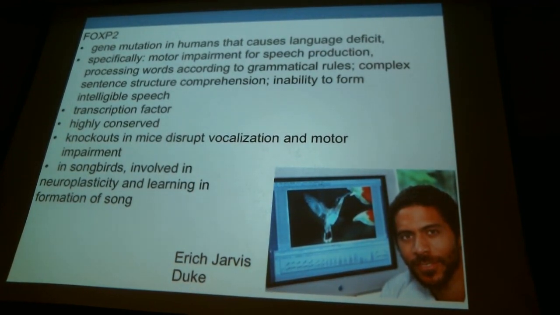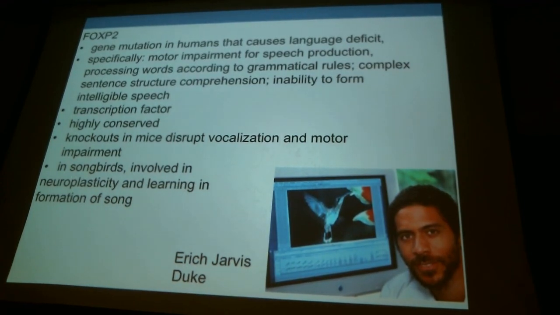The gene encodes a transcription factor, and it's really highly conserved across animals, and I think this has caused a lot of excitement in neurobiology. You can find it highly conserved across humans and mice, and it turns out in birds as well.